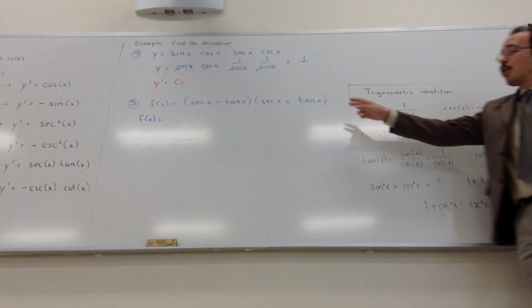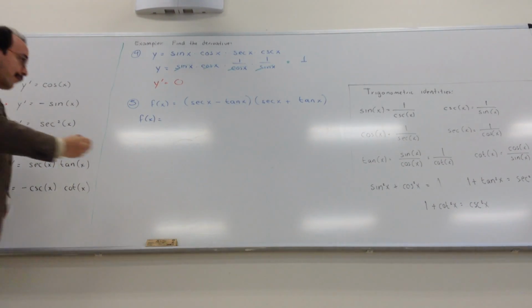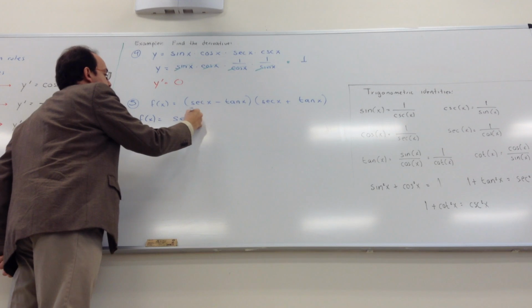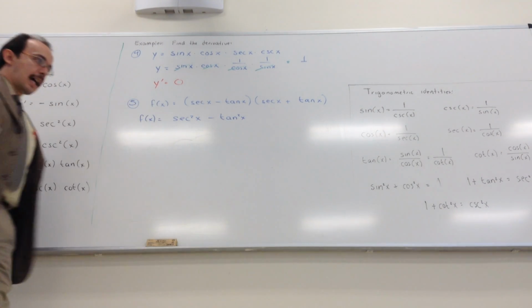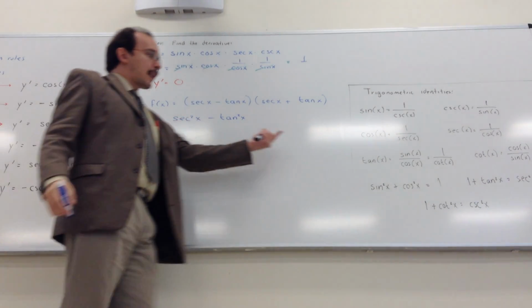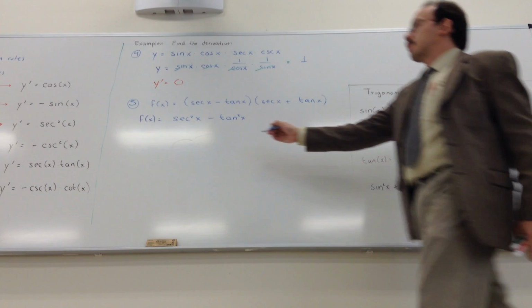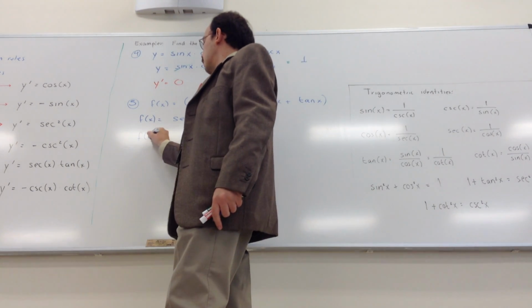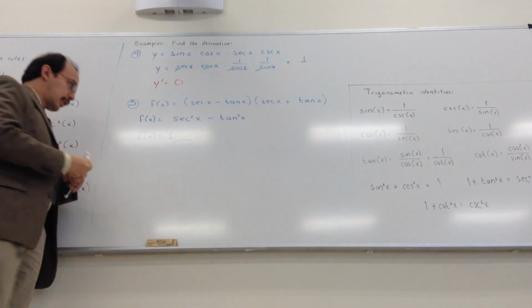But can I multiply them? Yes. So what do I get? Exactly. Now with this, if I apply this identity here, isolated, f of x equals 1. So the answer is 0.